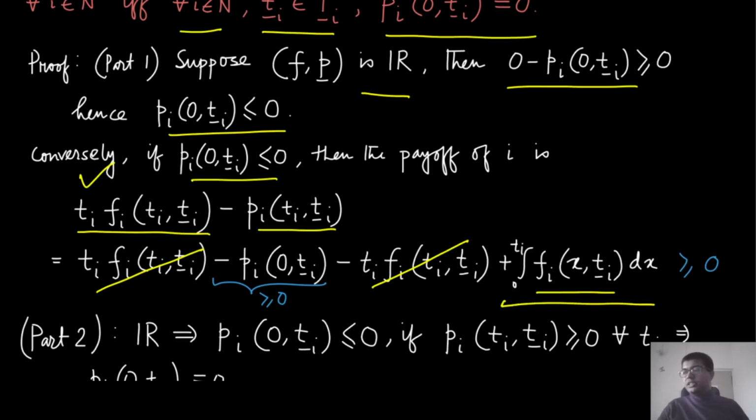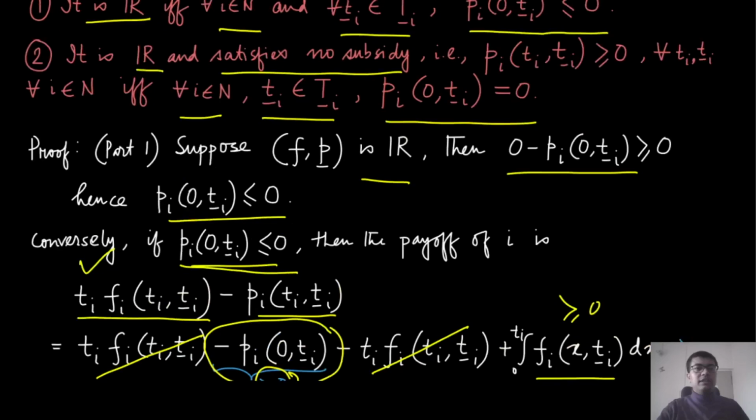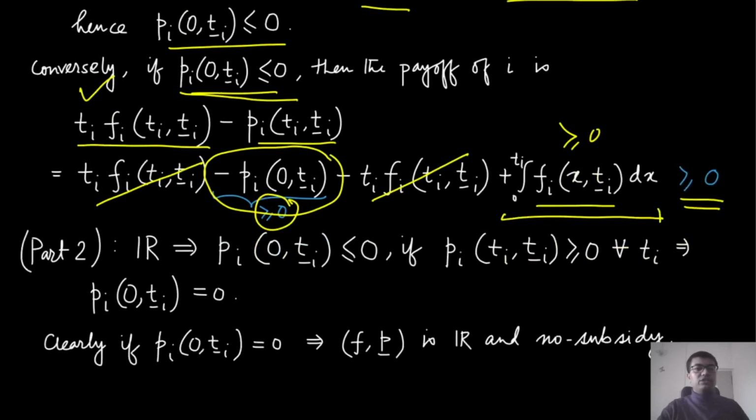So this term is non-negative, and because pi 0 comma t minus I is non-positive, this minus of that will be non-negative. So together this is always going to be non-negative. That proves both the necessary and sufficient directions for case 1.